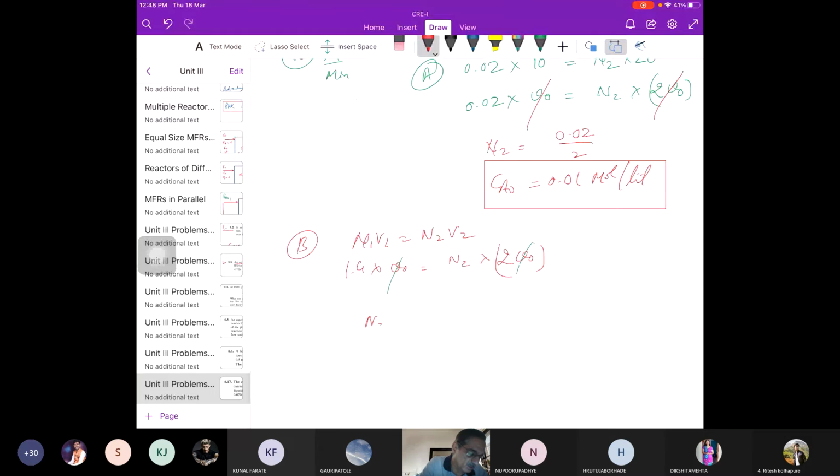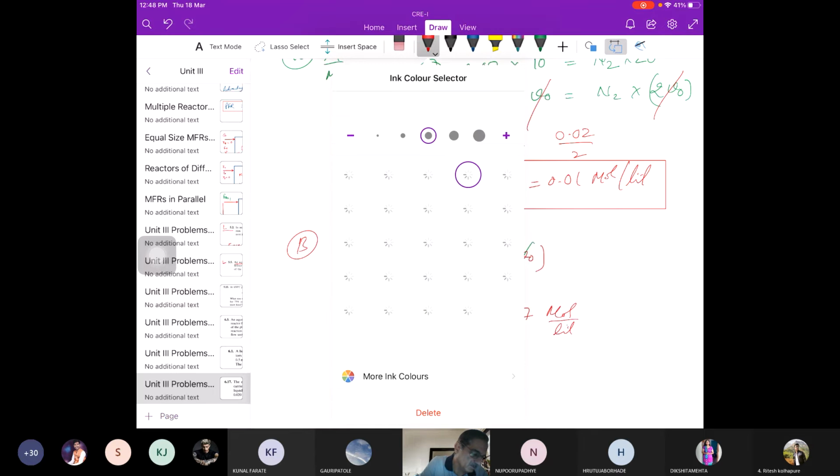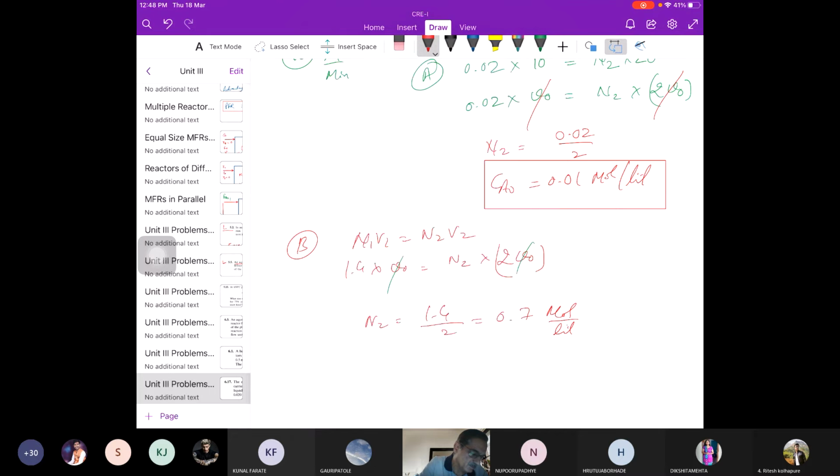And I'll get N2 equal to 1.4 upon 2, which is 0.7 moles per liter. Okay, so this is nothing but CB naught after mixing. Any questions so far?